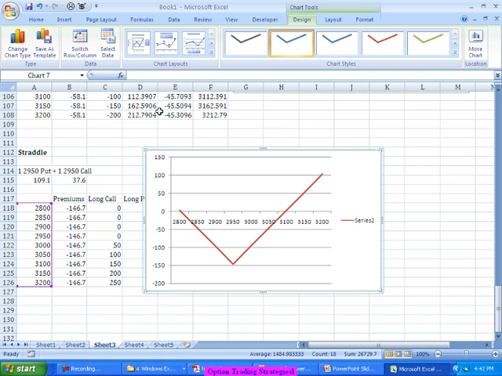But if the prices are within a particular range, there is a loss that comes up. This is for a long straddle because you are long on both the aspects, long on call, long on put.